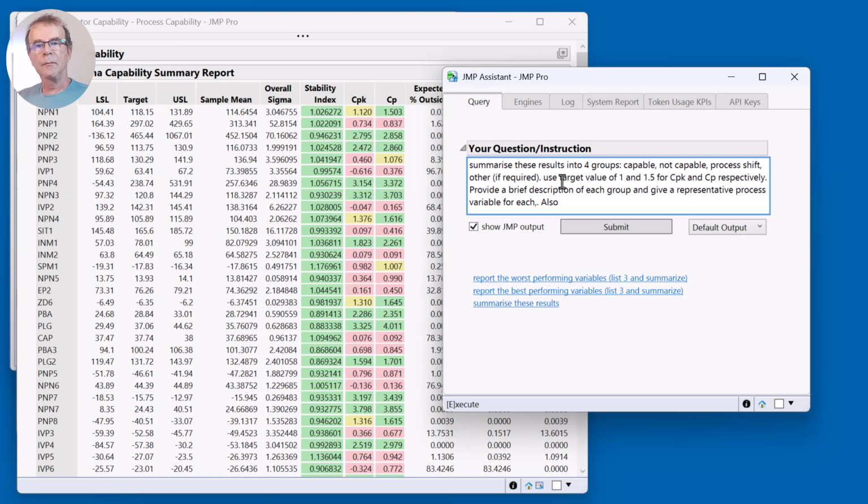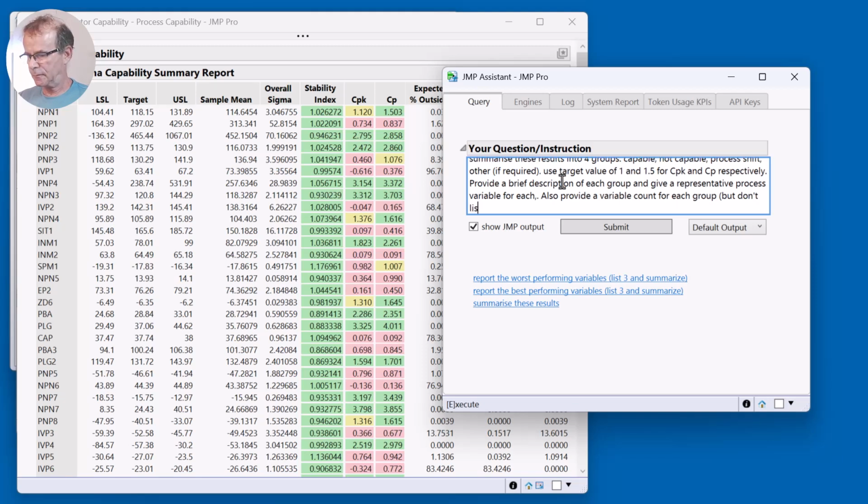Also, provide a variable count for each group. That's quite useful. How many? But don't list all the variables.